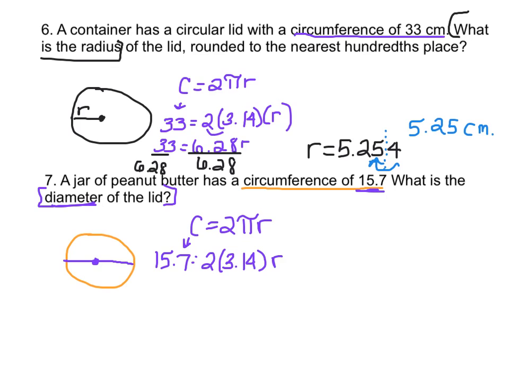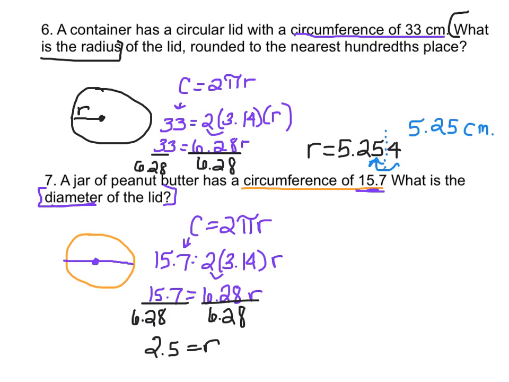I wasn't given the radius, so I'm going to leave that as r. I'm going to multiply 2 times 3.14, and I get 6.28, still times r. Divide both sides by 6.28 to get r by itself, and I get 2.5 equals r.